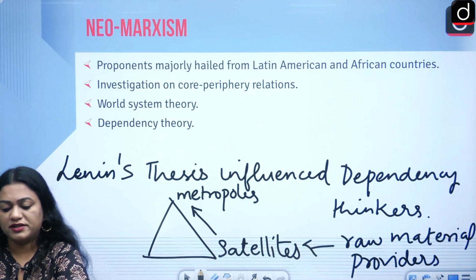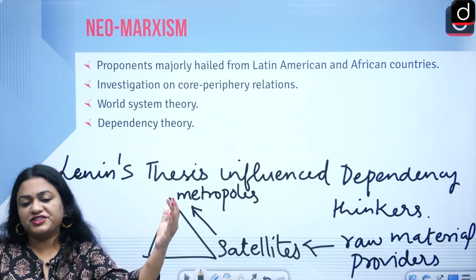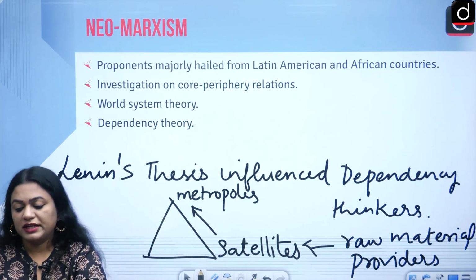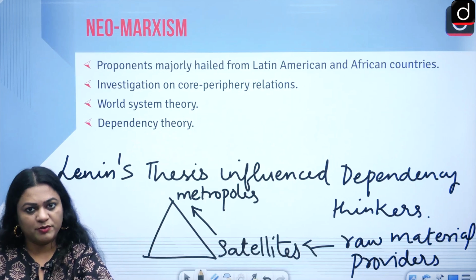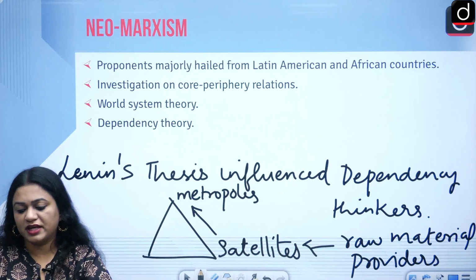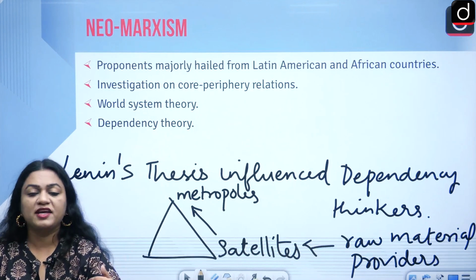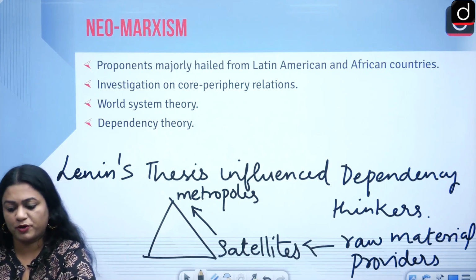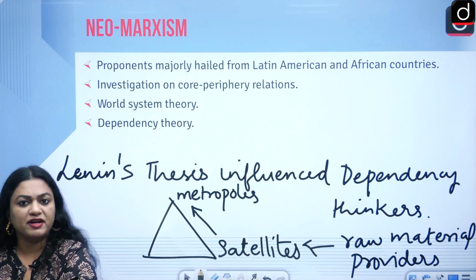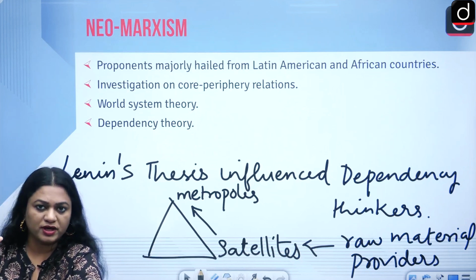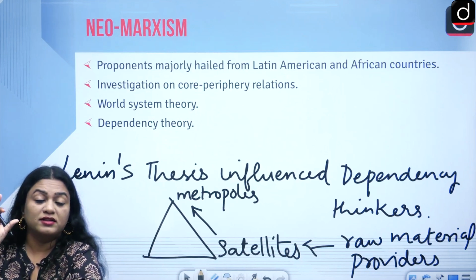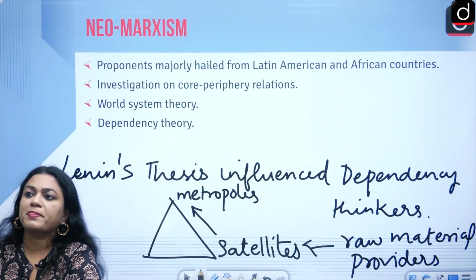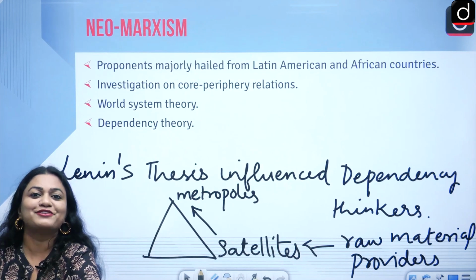He has given some features of the core countries: they have democratic government, high wages, they import raw materials and export manufactured products, and there is high investment and welfare services. These are the core characteristics of the core countries.